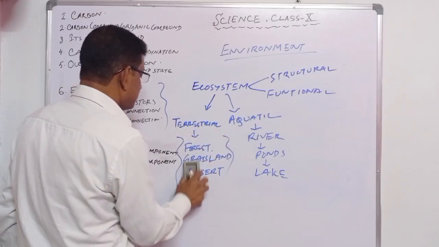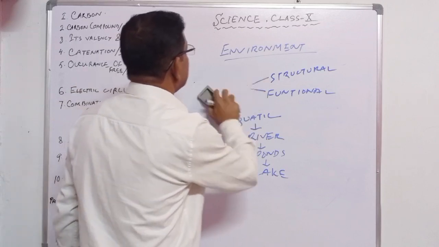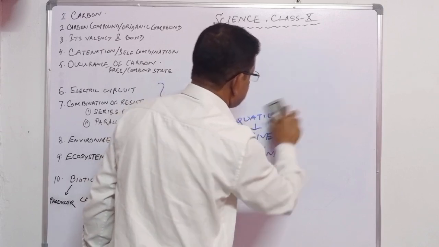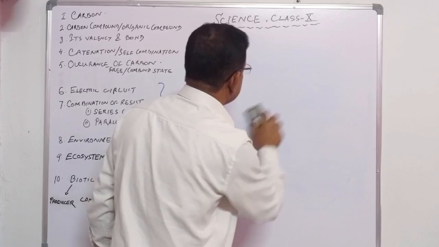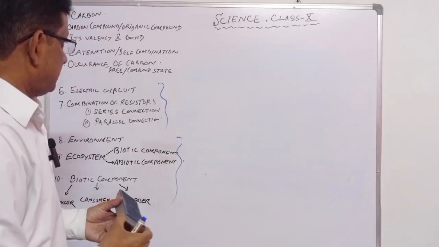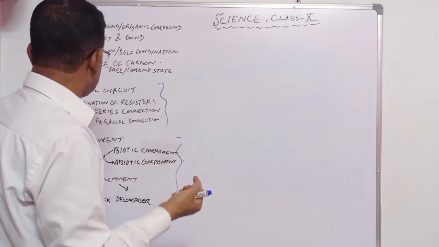So in each ecosystem there are different types of living plants and organisms which depend on each other for their life struggle or for their adaptation.